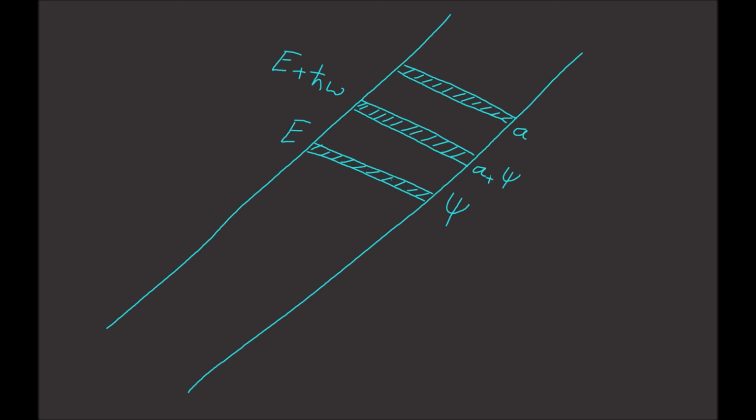So a plus squared psi, you should get two of these, so you get E plus 2 h bar omega. You can operate again, a plus to the third times psi, you get E plus 3 h bar omega. You see the idea?